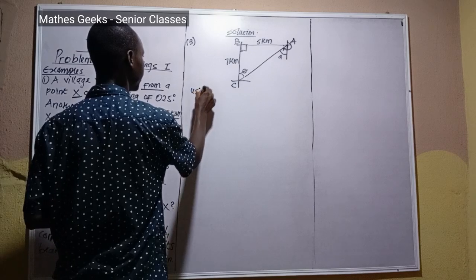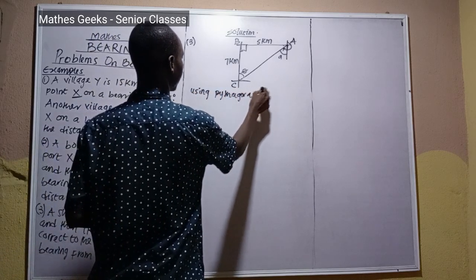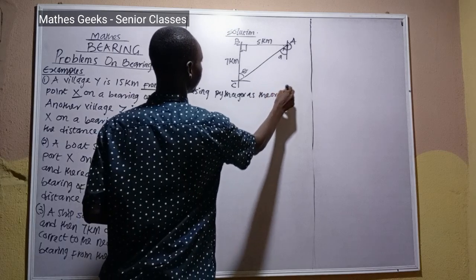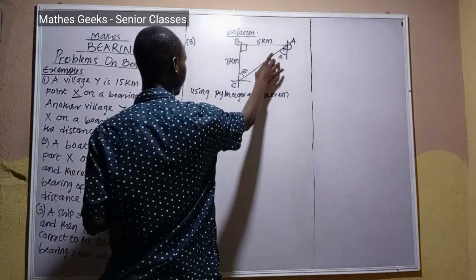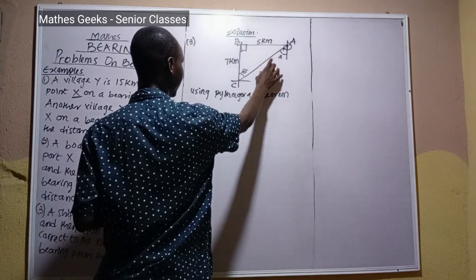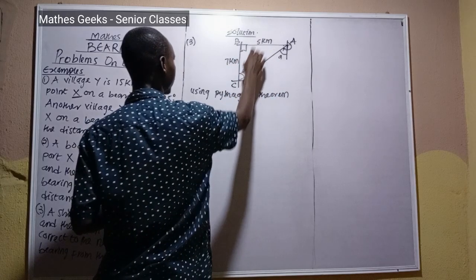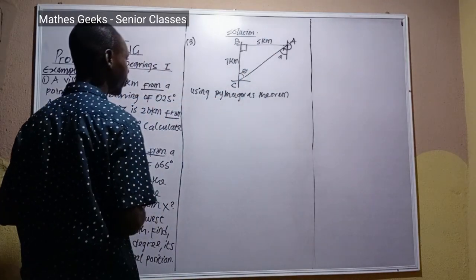So we're going to use Pythagoras theorem, so that when we use the sine rule, we can have the ratio of this angle and this side, and then find the angle we're looking for.